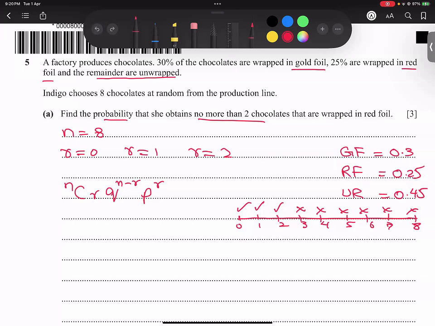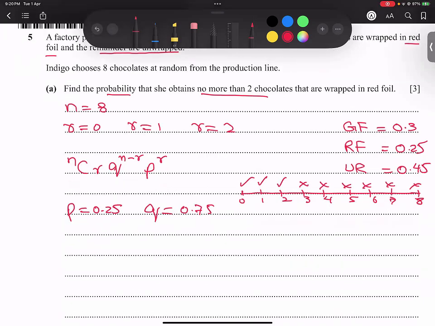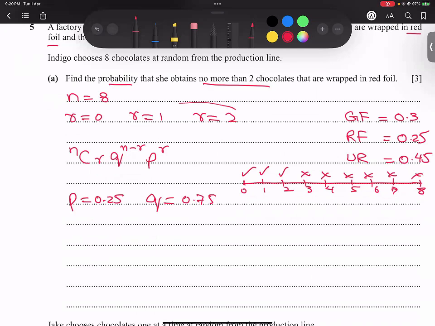So in this question, P becomes 0.25, and Q is naturally, because this is red foil, is P, and the others together are called Q. Okay, and that becomes 0.75. Now I'm going to apply a 3-term formula. You can see clearly. So these 3 values I'm going to use now here.